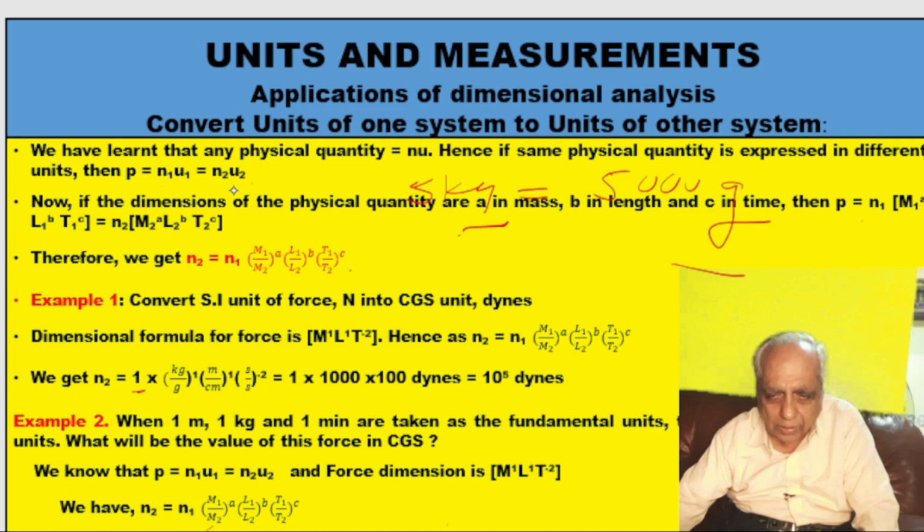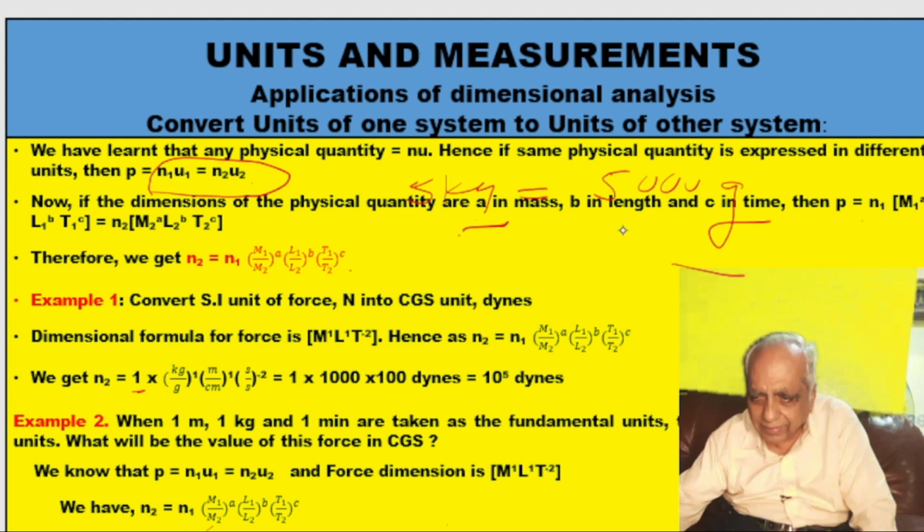Now, in case I have a physical quantity, where the dimension in mass is A, for length it is B, and for time it is C. So I can say the dimension of this physical quantity would be M raised to A, L raised to B, T raised to C. Now I have two systems of units.